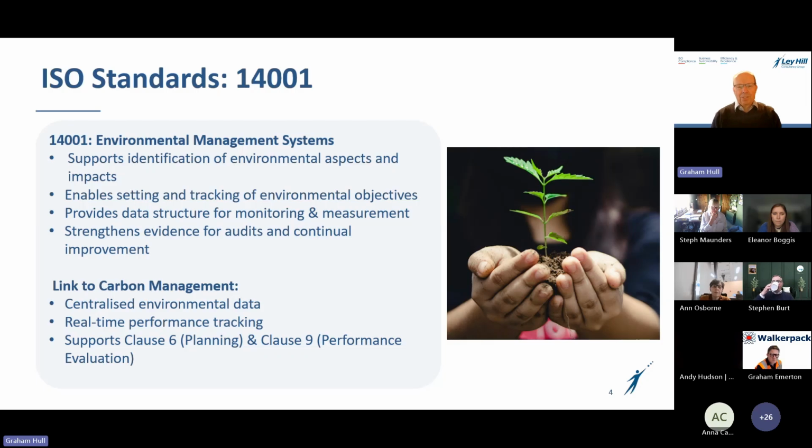It allows you to start setting some really clear environmental objectives so that you can actually start to say we are demonstrating that we're improving. And it starts to give you this data structure for monitoring and measurement. You can't demonstrate you're improving unless you're measuring something, and that's going to be critical going forward here.